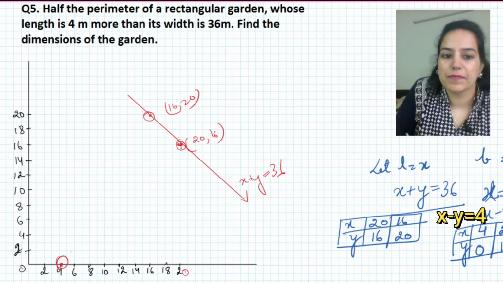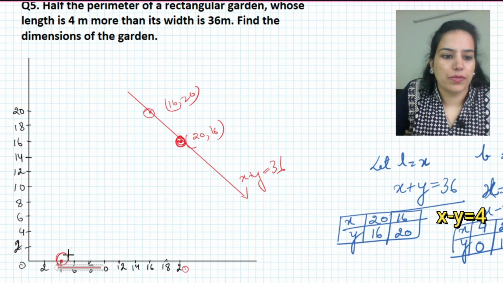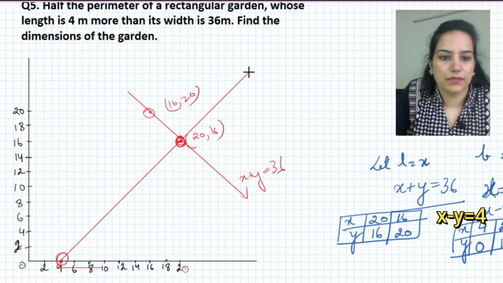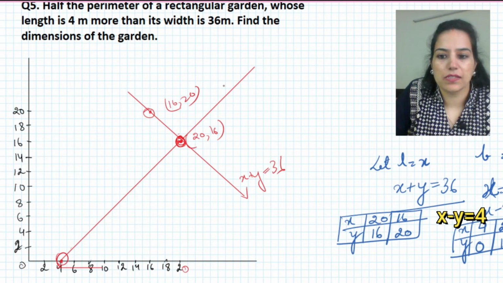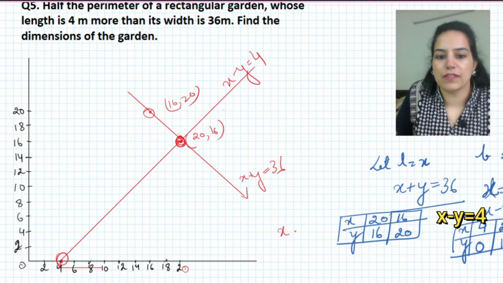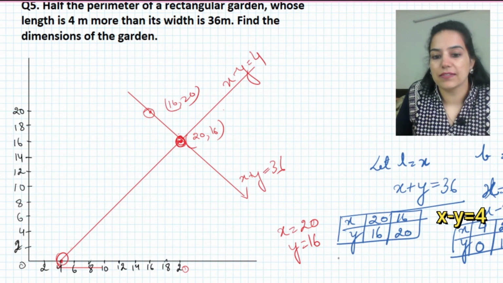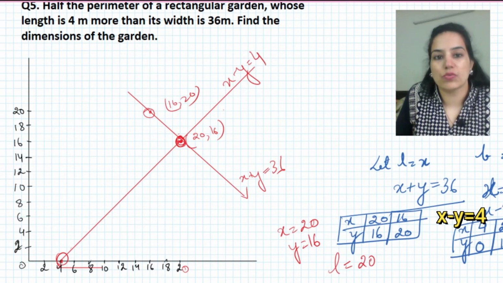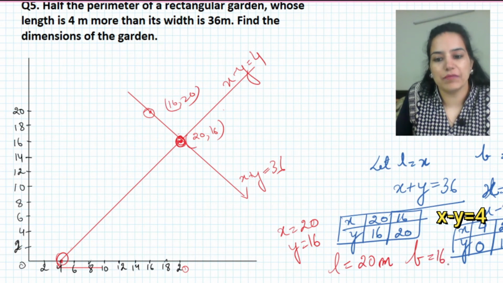The same point, right? So if you join it, it will be something like this. And you can name this one as x minus y equals 4. So what is your solution? Your solution is x equals 20 and y equals 16. What was length? x. So x is 20 meters and breadth is 16 meters.